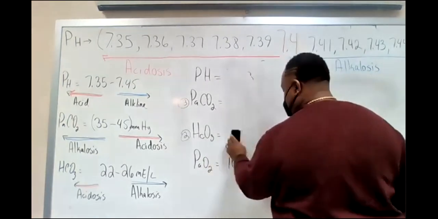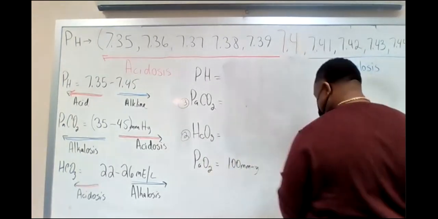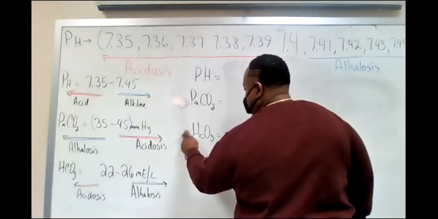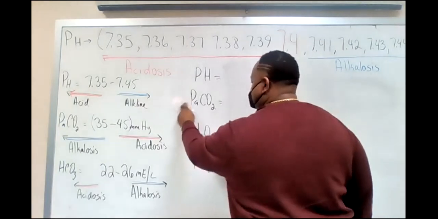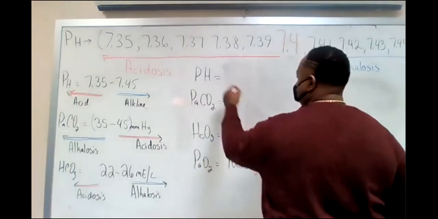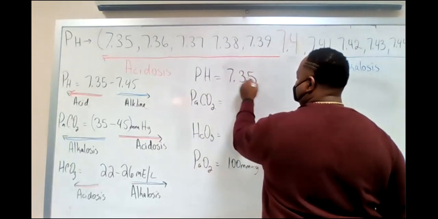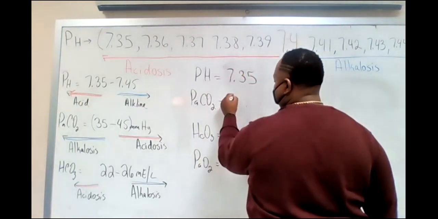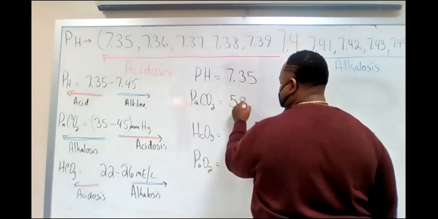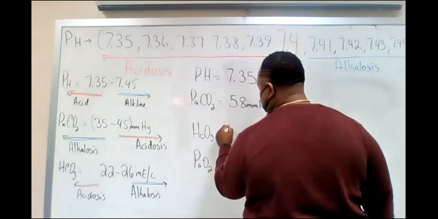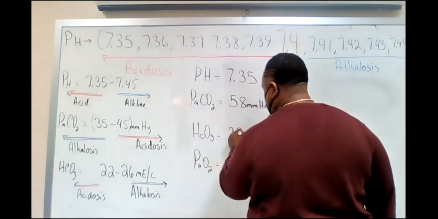All right, let's look at one more, then we'll take another break in a minute. Ooh. All right, pH of 7.35, CO2 of 58, and a bicarb of 30.